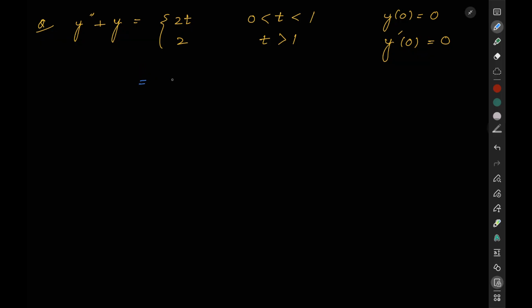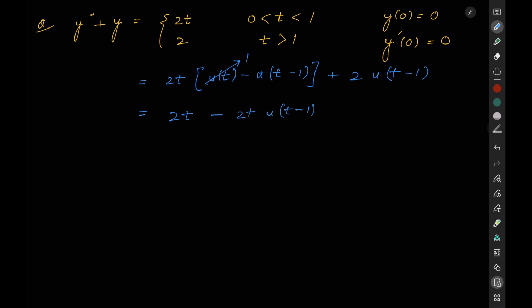It will become 2t (unit step at t equal to 0 minus unit step at t equal to 1) plus 2 times unit step at t equal to 1. Now unit step at t equal to 0 is 1, so it will be 2t minus 2t u(t minus 1) plus 2 u(t minus 1).